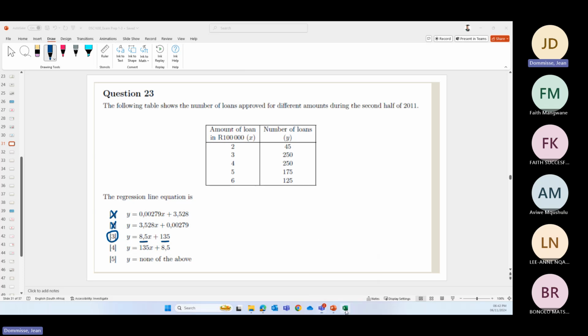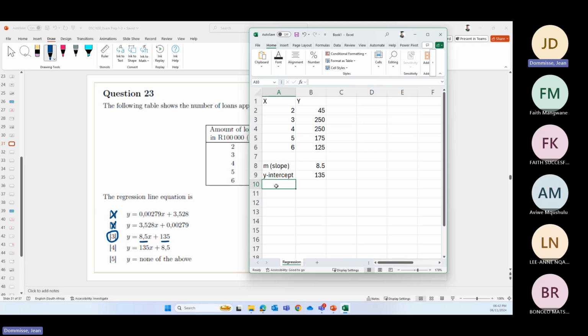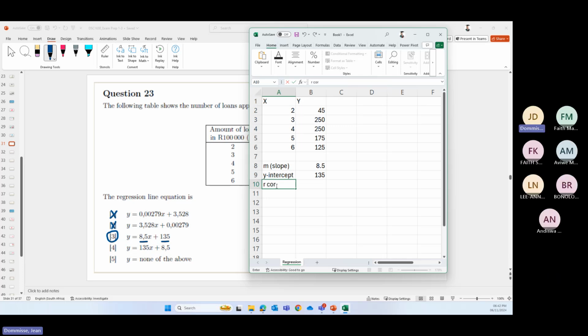Let me just add one thing. If they are also asking you to work out the R correlation, I will also add that to the steps on the calculator.